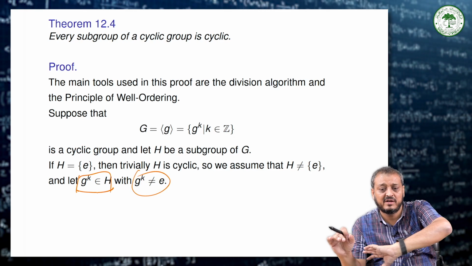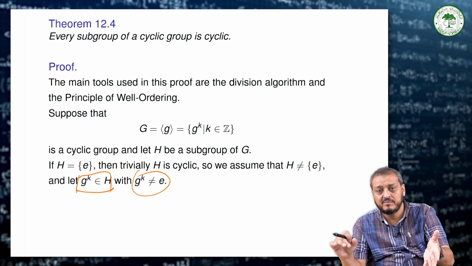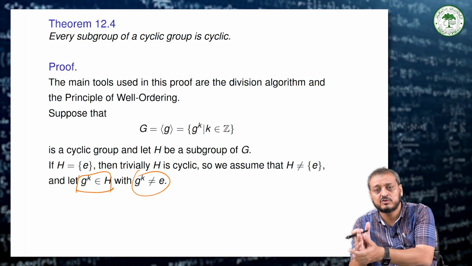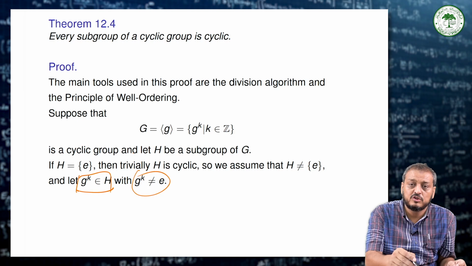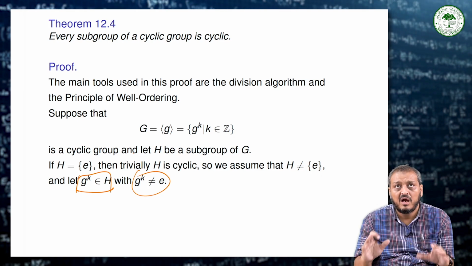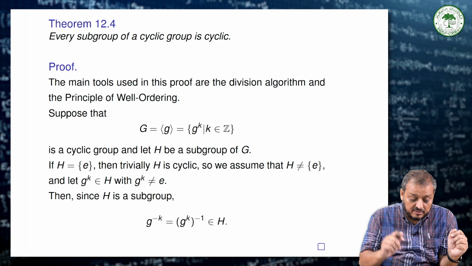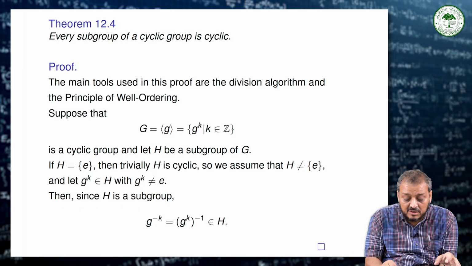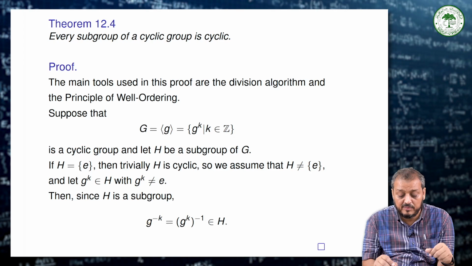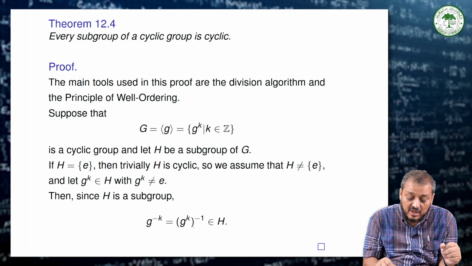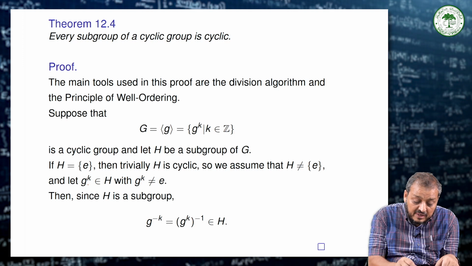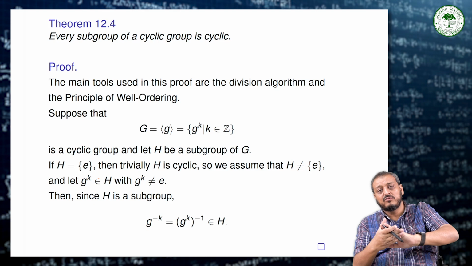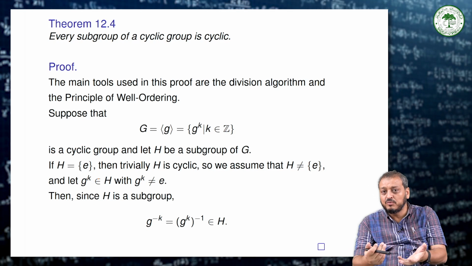Since H is a subgroup, g to the power minus k, which is the inverse of g to the power k, is also in H, because every inverse of an element of H also belongs to H.